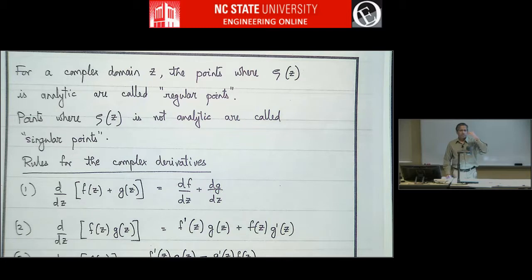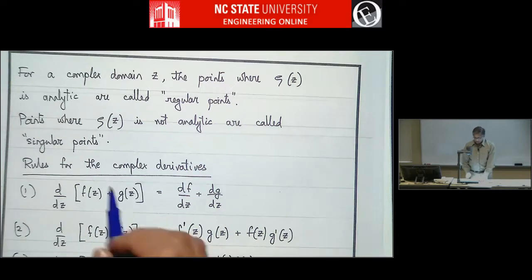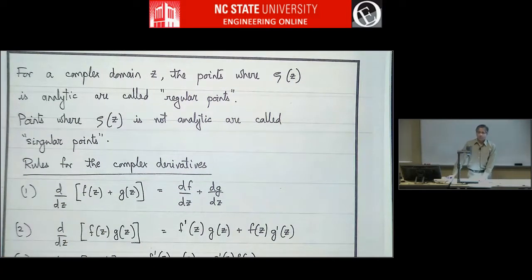Continuity is satisfied everywhere except at the point source. So the point source is a singularity, and everywhere else the flow is satisfying regular laws. Like that, in the complex functions of interest that we'll be looking at, there'll be some points called singular points. At those points, the functions will not be analytic. Everywhere else it will be analytic.